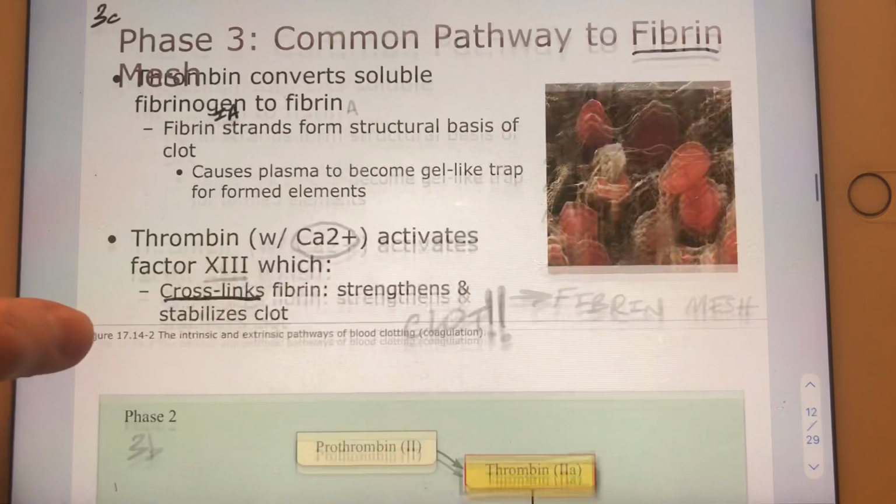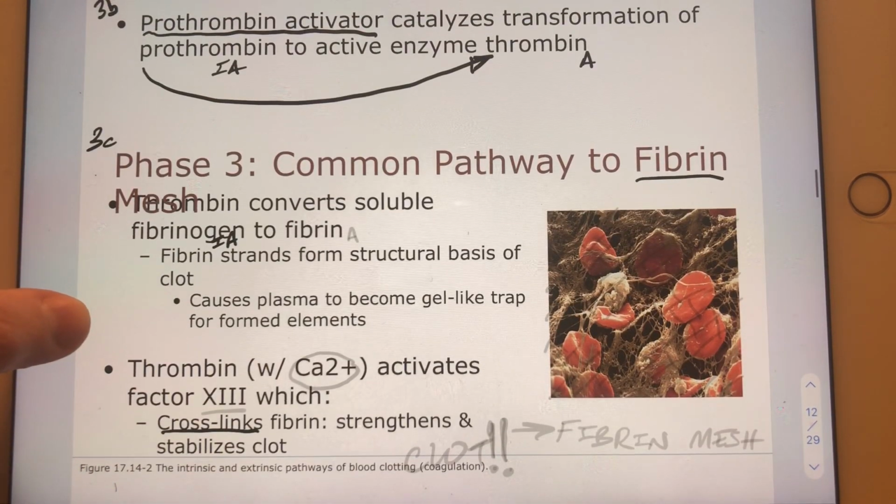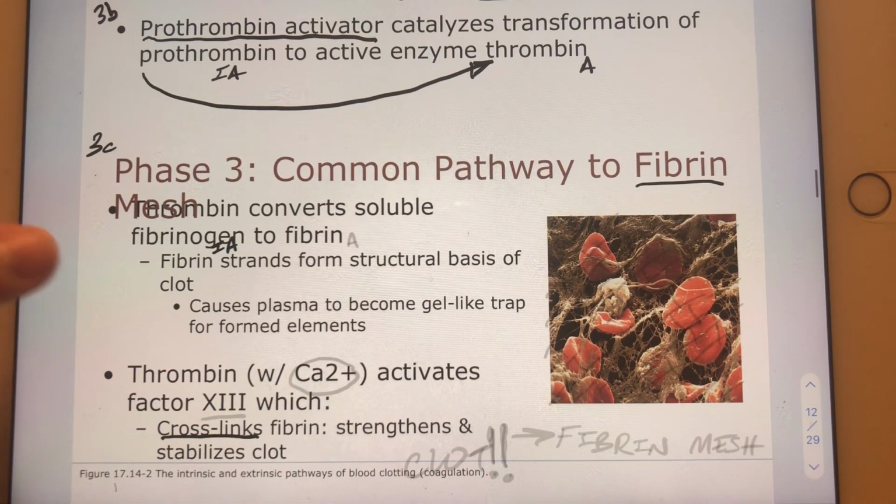Some of you might have it on your list already under blood cargo because it is a plasma protein. And it's going to activate fibrinogen into fibrin, which is a fibrous protein that's going to get laid down over our clot, okay? Over our gel-like blood, over our platelets, over any erythrocytes that are trapped in there, okay?